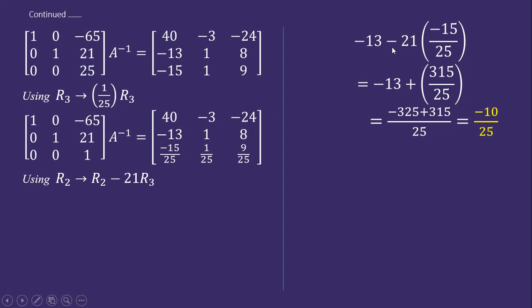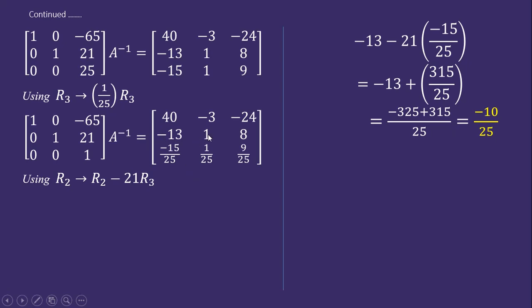So minus 13 minus 21 into minus 15 upon 25. Here minus 13 plus 21 into 15, we get 315 upon 25. 25 into minus 13 is minus 325, plus 315 upon 25 equals minus 10 upon 25. So in place of this minus 13, we write minus 10 by 25.